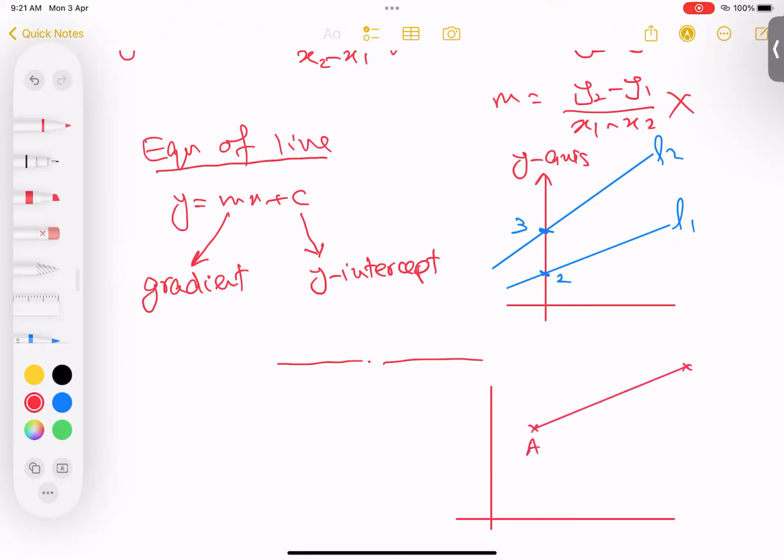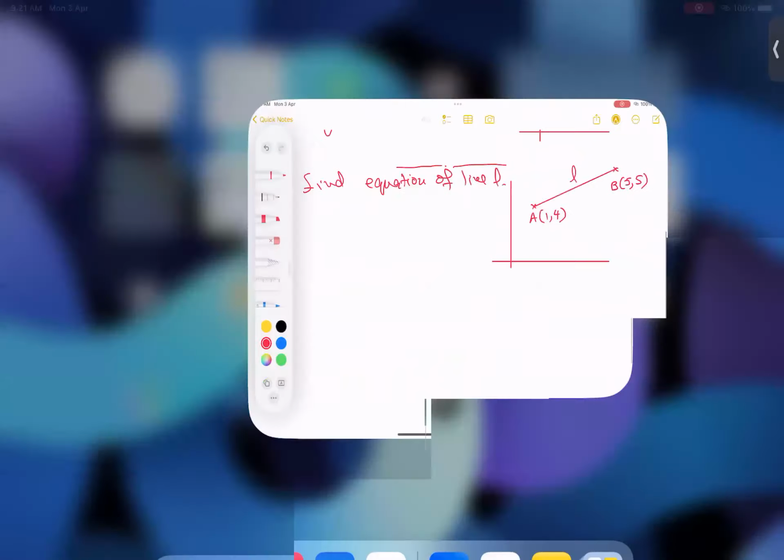This point A, I take (1, 4). This point B, let's say (5, 5). Just for the sake of understanding. The examiner can say this is a line L, and ask you to find the equation of line L.